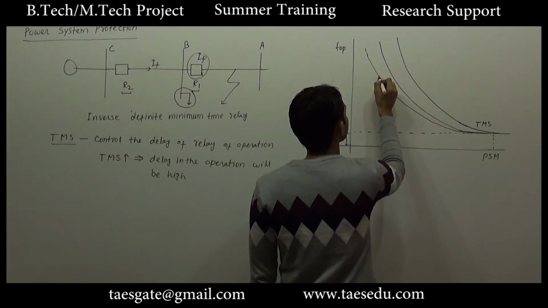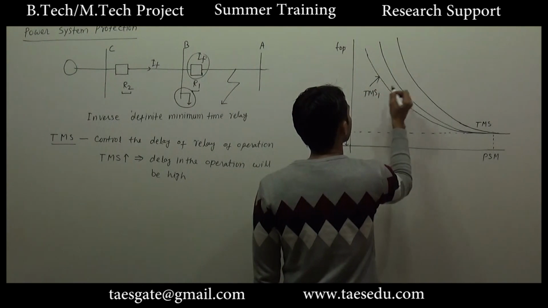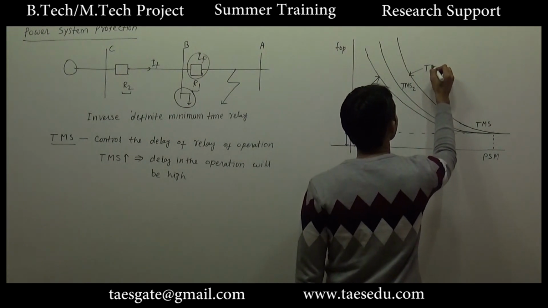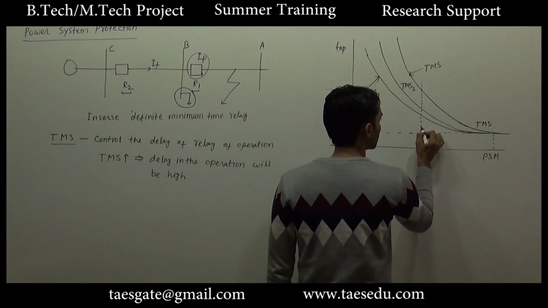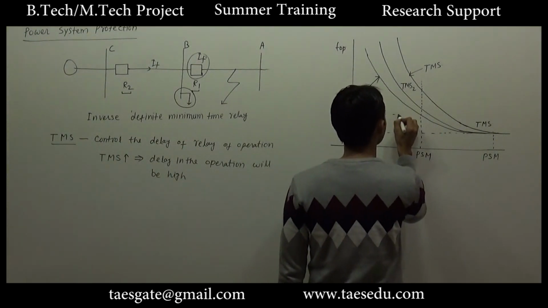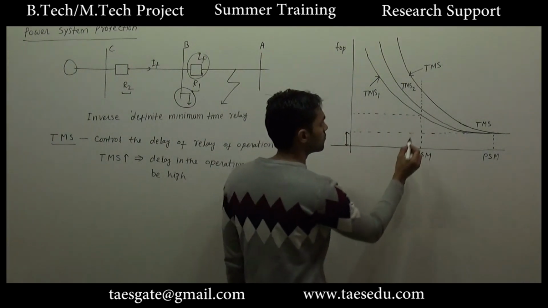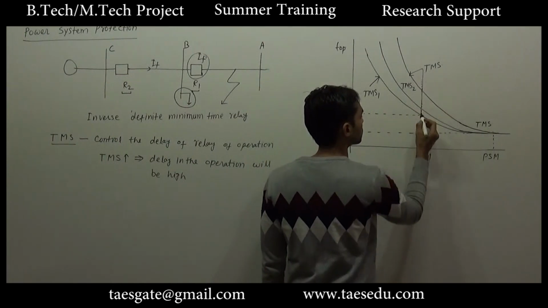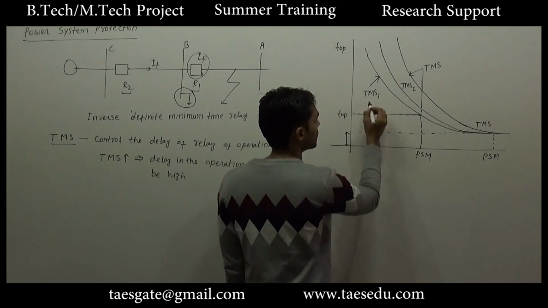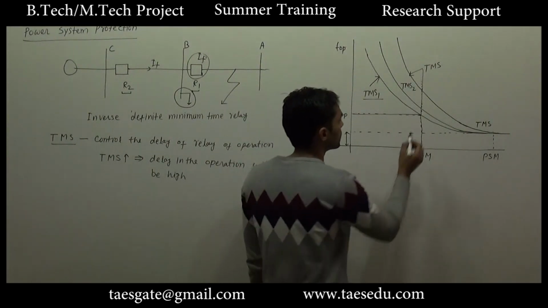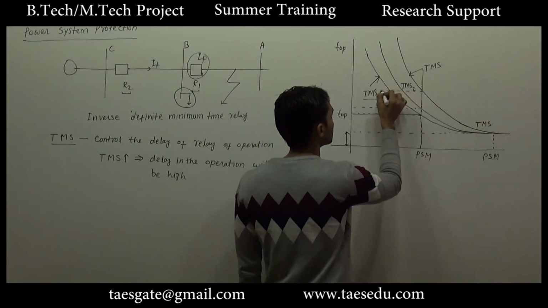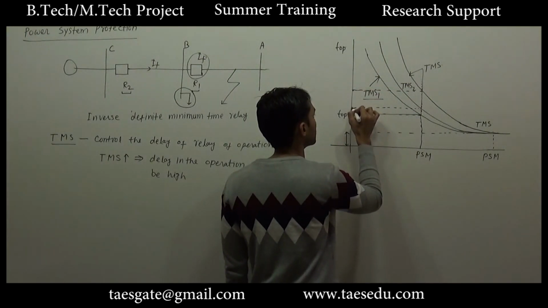Okay. Let's say this is time multiplier setting 1, this is TMS 2, and this is TMS 3. For a particular value of PSM, this is the time of operation corresponding to TMS 1. If the value of TMS is higher, the delay is higher. If the TMS is further higher, the delay is even higher.